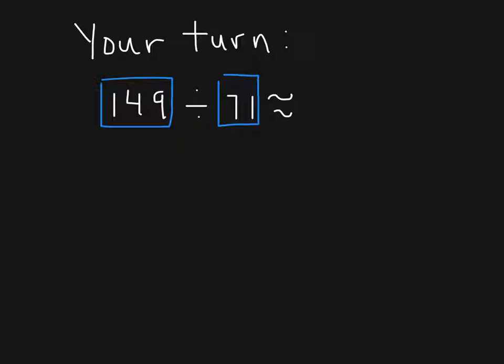All right, give it a shot and write your answer on the Edpuzzle quiz. Please show which numbers you have rounded the dividend and the divisor to. So you're going to actually make an expression on the quiz with your estimate.